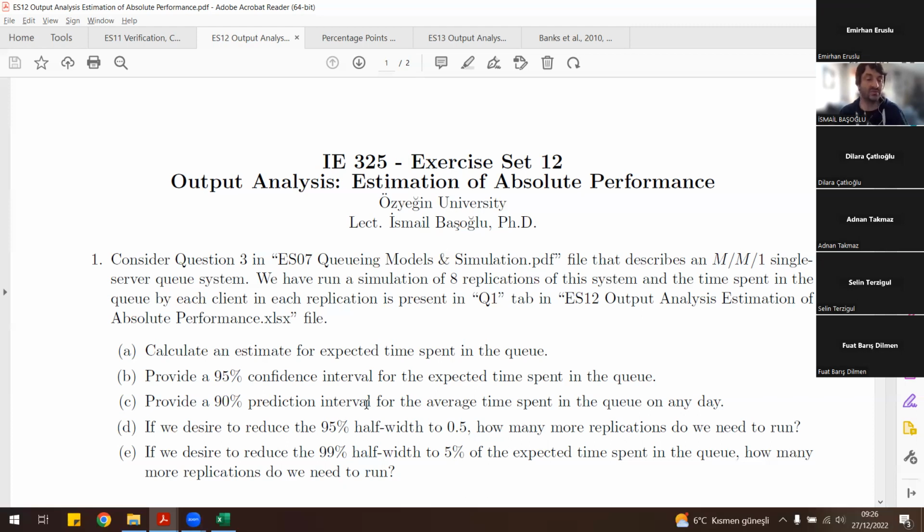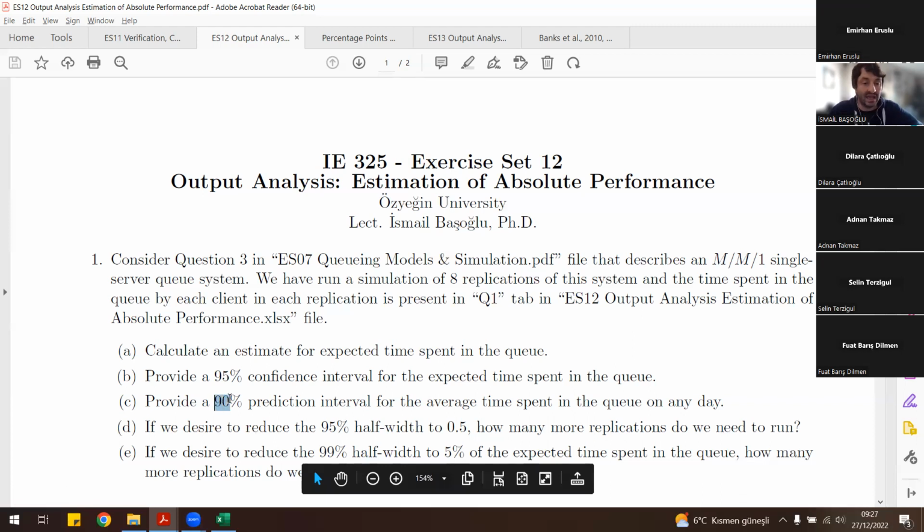Because we know that even if expected waiting time is a solid constant value, the average waiting time we observe from day to day can be different, because even in the original system, no day is very similar to another day. So we need to calculate, please be careful, a 90% prediction interval. Not 95, 90% prediction interval.